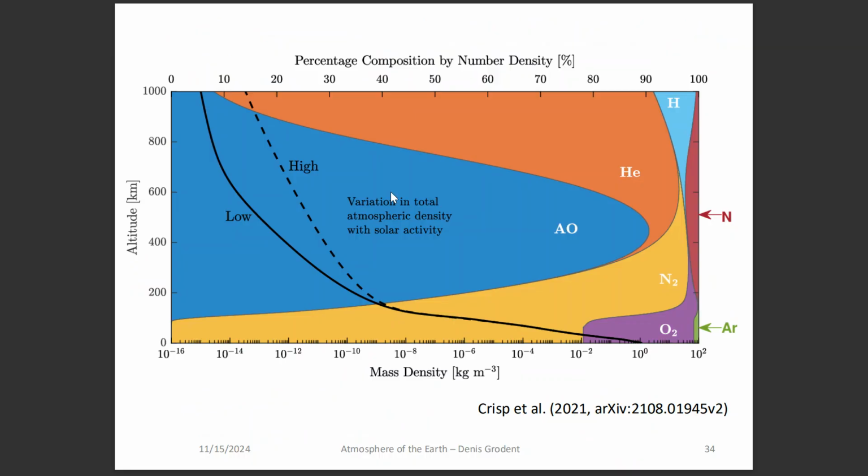Totally another topic here, the composition of the atmosphere linked to the scale height. So what happened? We see that between 0 and 100 kilometers, we were in the atmosphere, and after that, every constituent dropped following its own scale height.